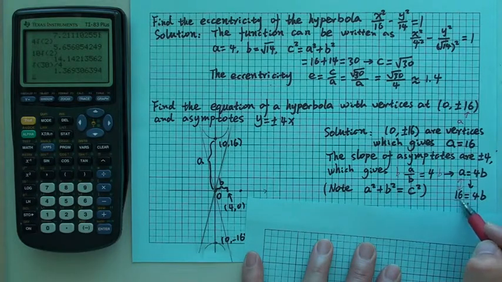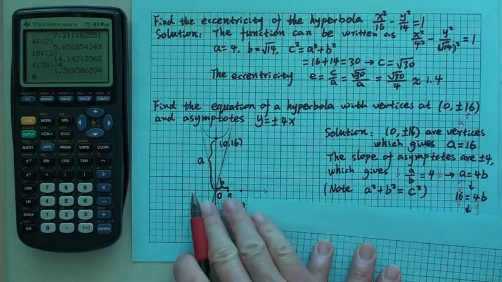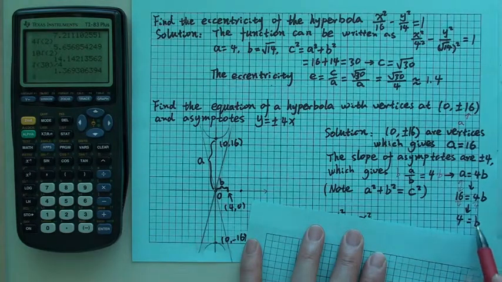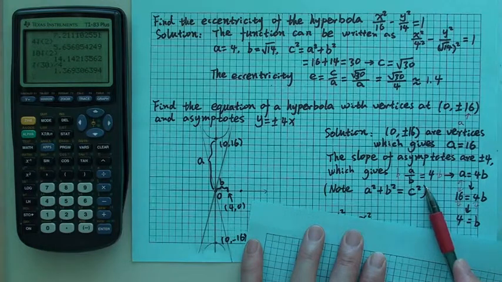Then divide both sides by 4, and b comes out. b stands alone on the right, the 4s cancel, so 16 divided by 4 is 4. Now you have a and b, so you can write the equation.